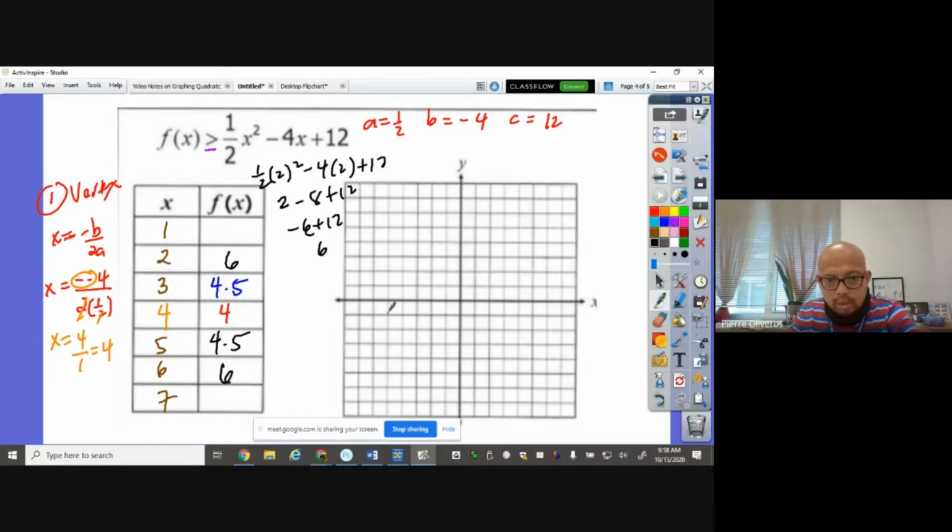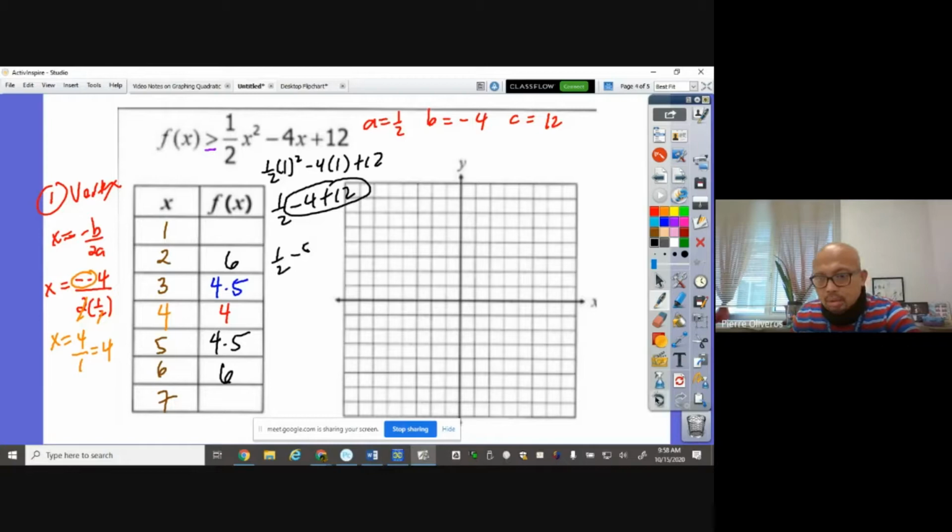And this will also be 6 here. 1 half, this time is 1. 1 squared minus 4 times 1 plus 12. 1 squared is 1 times half is 1 half minus 4 plus 12. Negative 4 plus 12 is 8. So that will be 8.5.